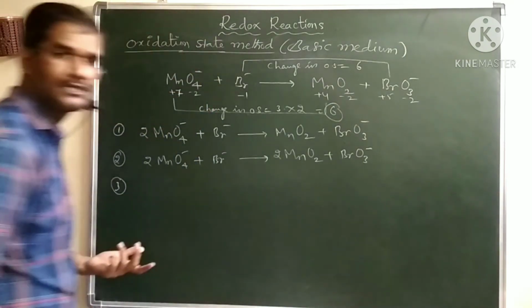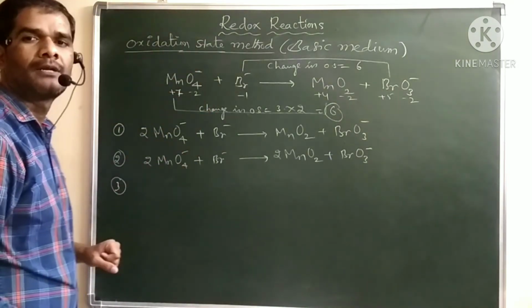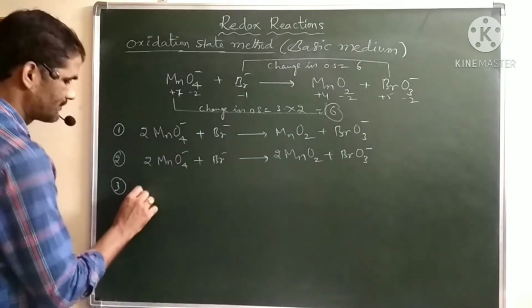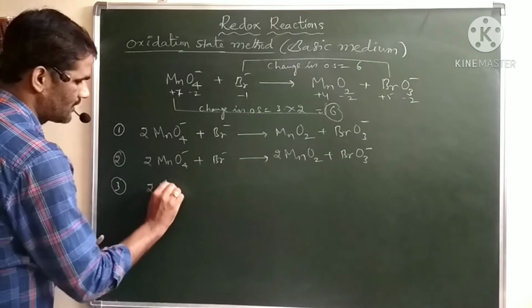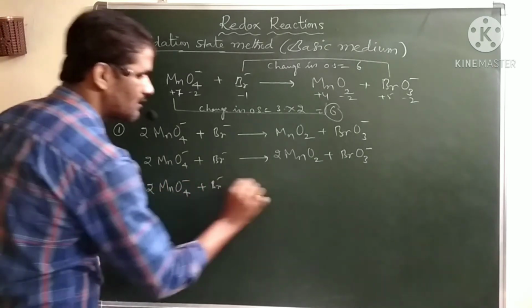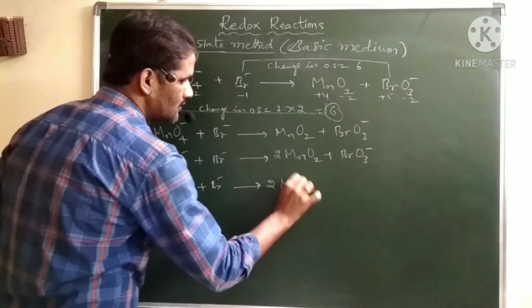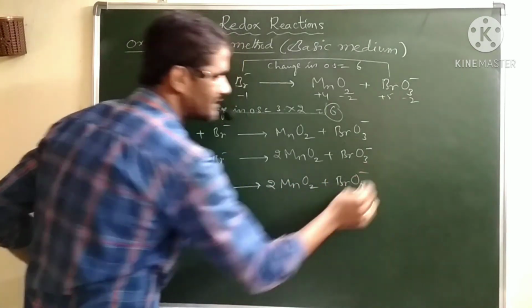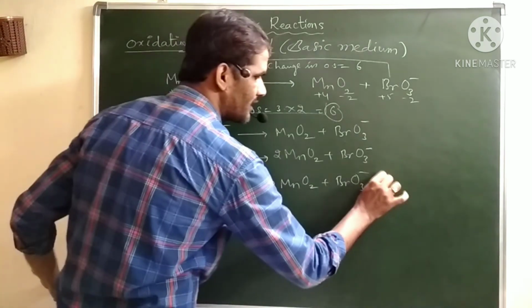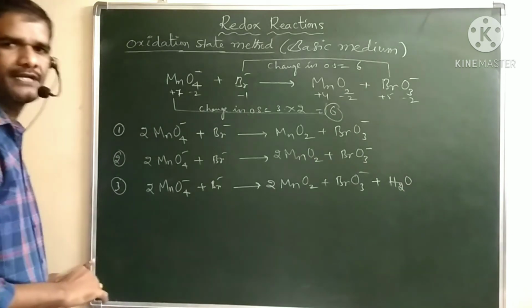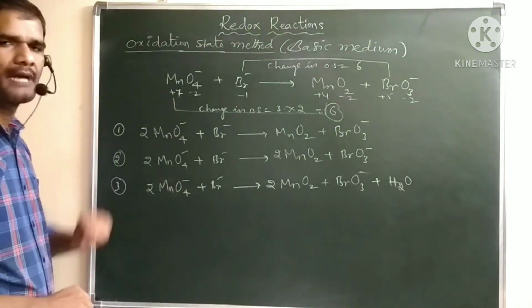Whatever the number of oxygen deficiency, that many water molecules we have to add on the deficiency side. Now here 2MnO4 minus plus Br minus will give 2MnO2, BrO3 minus. This is constant, and we are adding one water molecule. Why? Because one oxygen is a deficiency. So now oxygens are balanced.